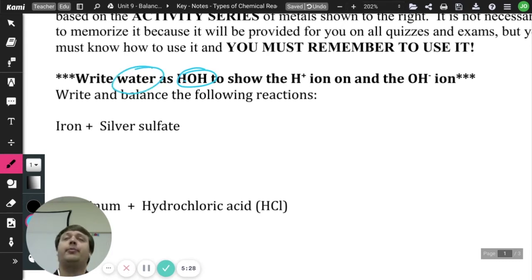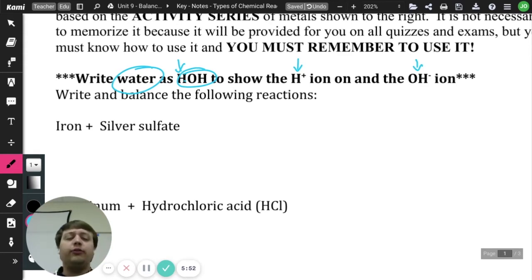And we write that as HOH because it a lot of times helps me, especially when I'm balancing a chemical reaction. It also helps me with the single replacement reaction because that hydrogen right there at the beginning is going to be what is replaced. And so we would have a hydrogen ion that's replaced, and we would be left with a hydroxide ion.